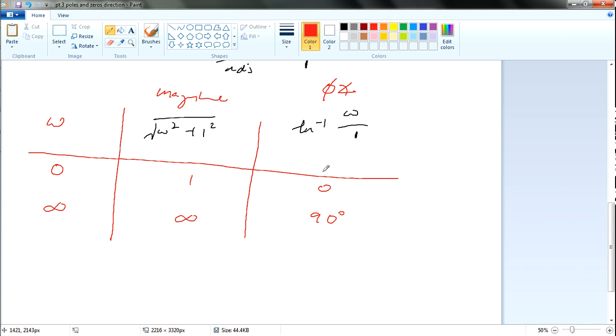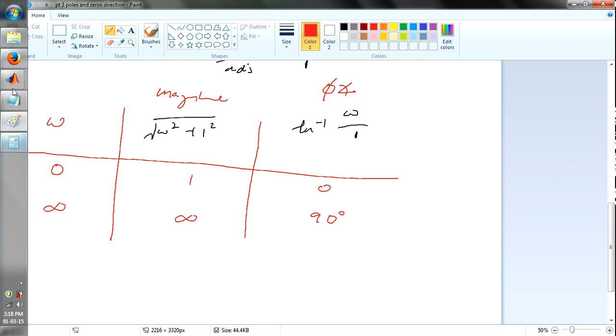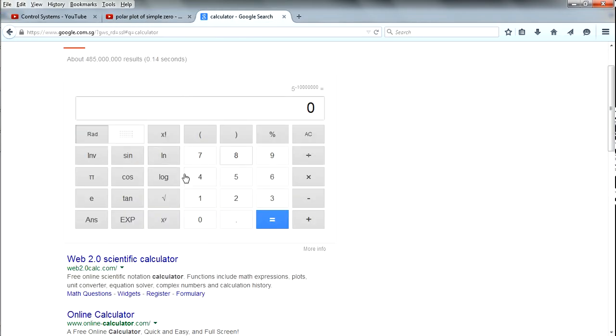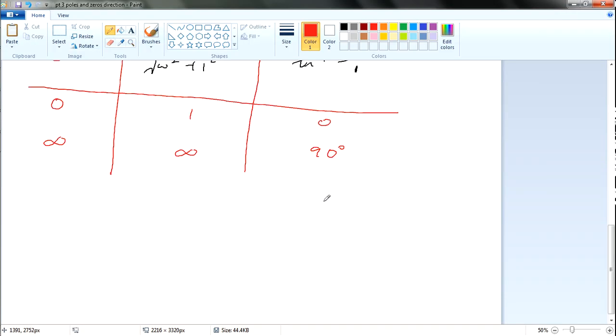Tangent inverse of infinity is 90 degrees. If you don't believe, let me take a look: arctangent of a very big number, infinity, gives you 90 degrees. So it's just to prove.